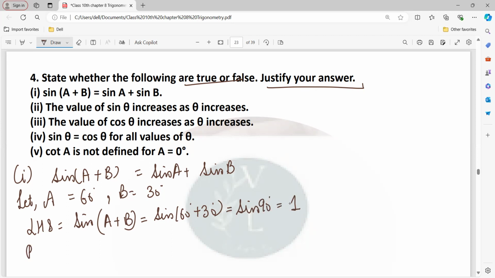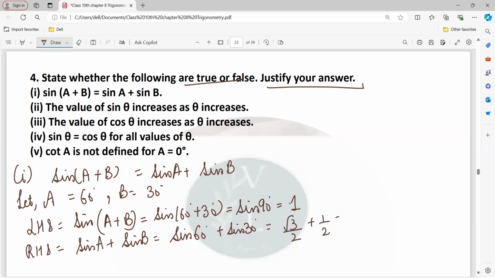Now let's take the right hand side and see if we are getting 1 on the right hand side or not. So we have sin A plus sin B on the right side, where sin A is sin 60 plus sin 30. And sin 60 is root 3 by 2. Sin 30 is 1 by 2.